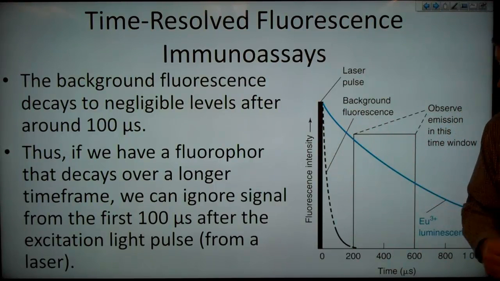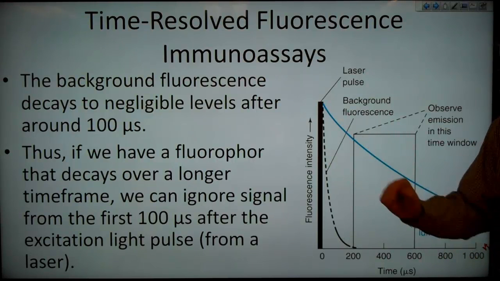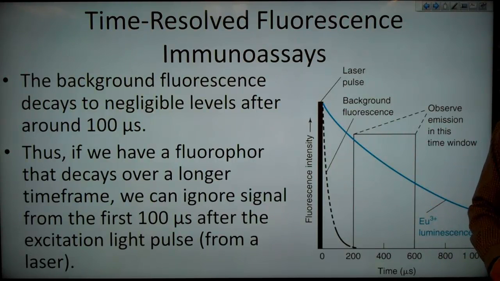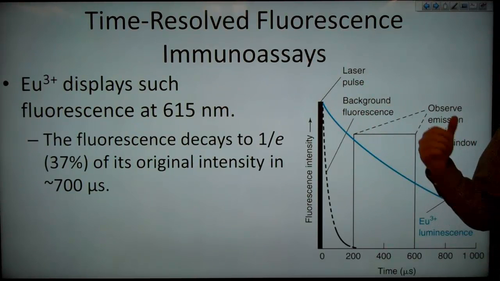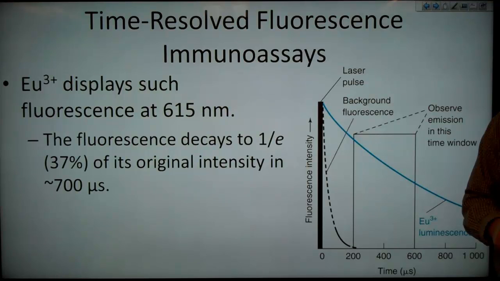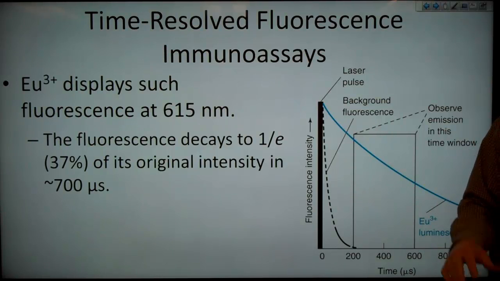If we have a fluorophore that decays over a longer time frame, we can ignore the signal from the first 100 microseconds or so after the excitation light pulse from a laser, and our background fluorescence is largely gone. Our europium-3+ displays fluorescence at 615 nanometers. The fluorescence decays to 1 over e, or 37% of its original intensity, in around 700 microseconds.